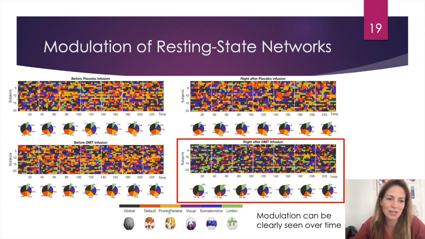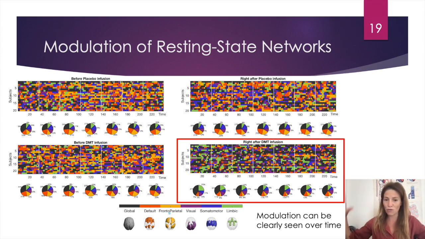So if we have 20 subjects, for example, subject 1 in the first TRs is always in the global state, then switches to the frontoparietal, then to the limbic, then to the global state, and so on. So here is the legend of the colors.